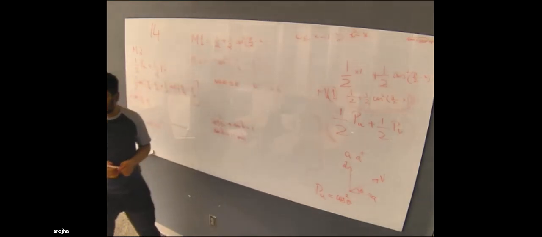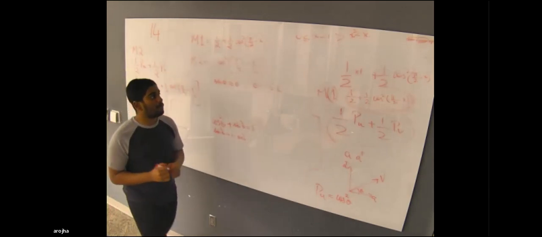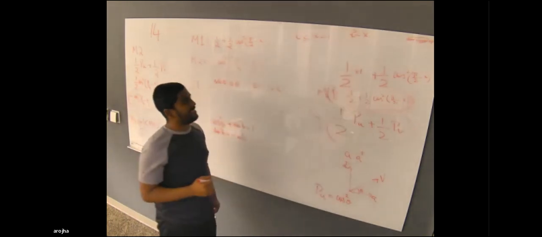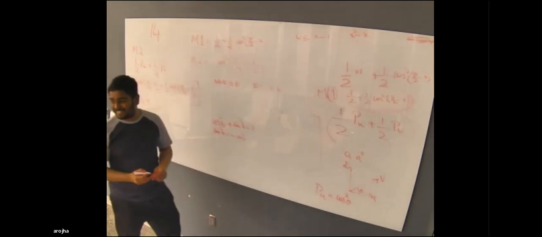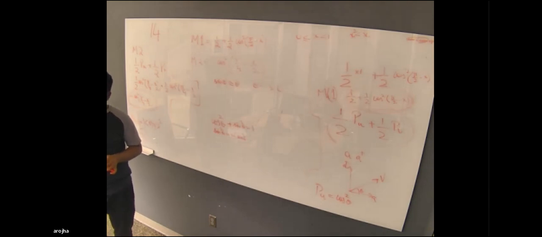If this is the condition, then x squared is less than x. So if x is less than 1 and greater than or equal to 0, then x squared is less than x.